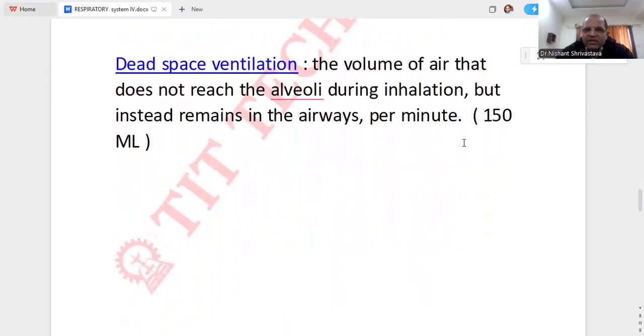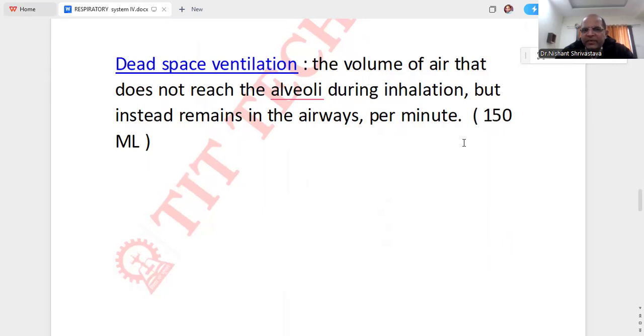So the last one is dead space ventilation. The volume of air that does not reach the alveoli during inhalation, but instead remains in the airway. This is 150 ml. It means the air from the nose to the terminal bronchi, which is found in the respiratory tract.